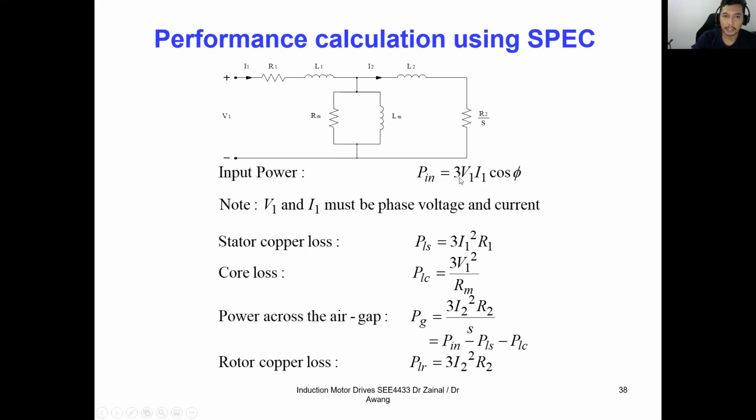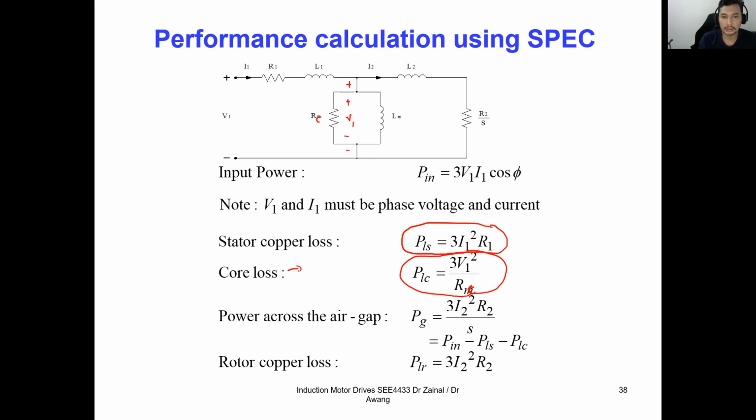Okay. And then at the stator side, we have losses due to the internal resistance of the stator. So this can be calculated by using this equation. Okay, and then we also have the core losses, RC. Since RC is parallel with the voltage input, you can use this equation to calculate the core losses.